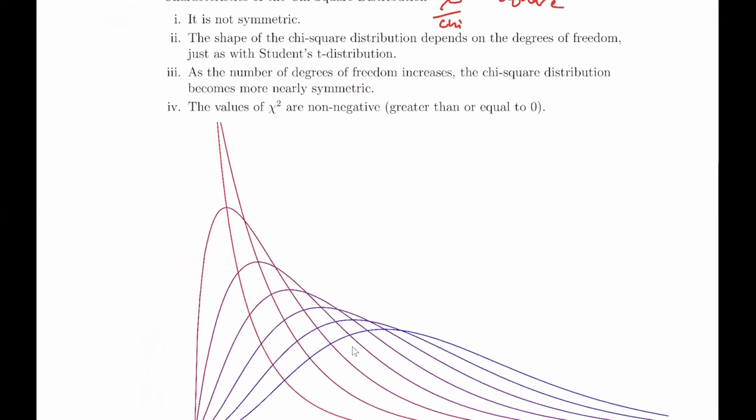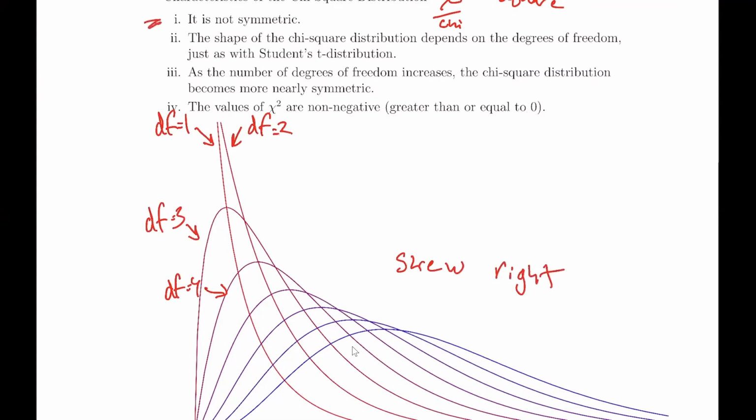One thing you have to notice in the drawing I have here is that it is for different degrees of freedom: degrees of freedom of 1, 2, 3, 4, and so on. Looking at the shape we're getting, you're pretty much getting a data set that's skewed right.